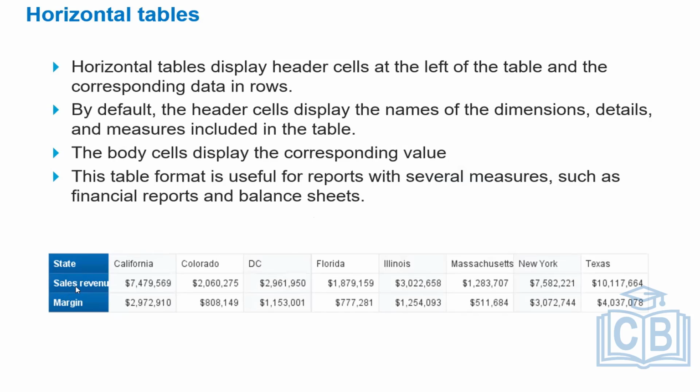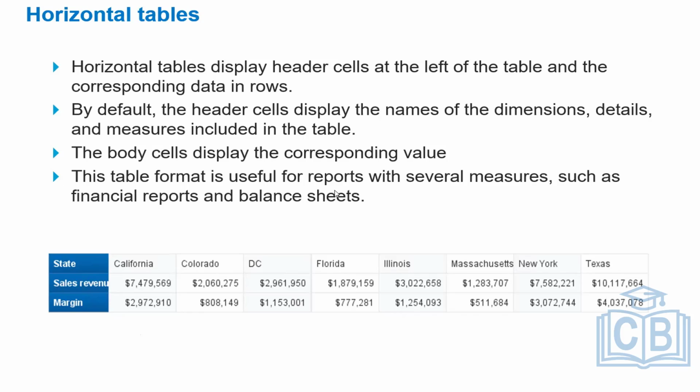This is useful when we have a list of measures, key figures. If you have so many, for example if you are displaying around 10 measures for the state, then instead of showing it in a vertical table, it is good to show it in a horizontal one, because the state is like California, Colorado, it will be like this, and sales revenue, margin, quantity, profit, discount, revenue, we can put here, and it will be a good visualization.